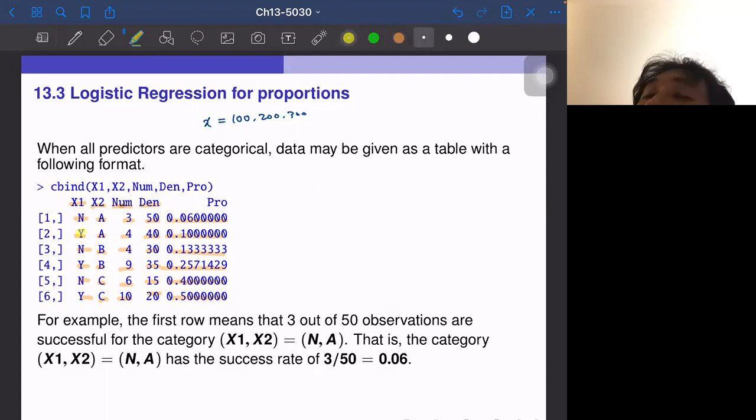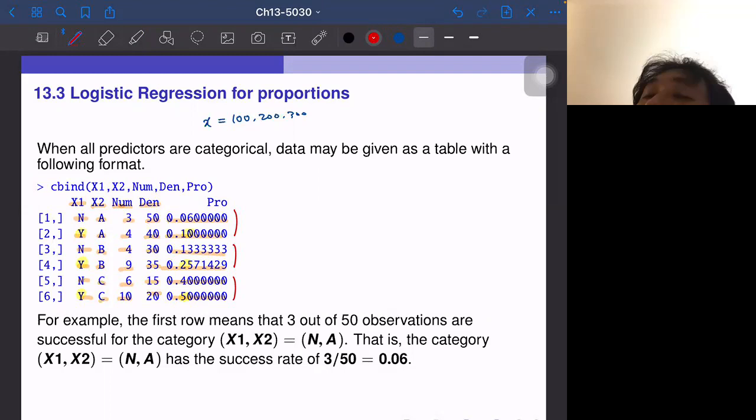So you can see when x1 is equal to y, always slightly higher success rate. And also, if we compare x2, x2 equal to c seems a much higher success rate than x2 equal to a.